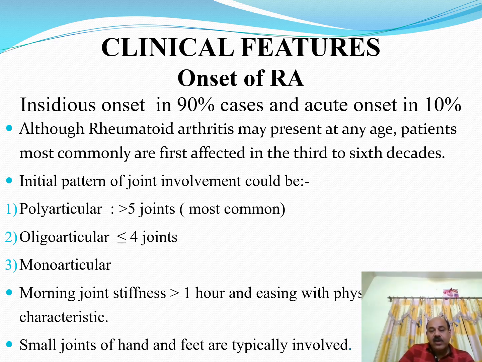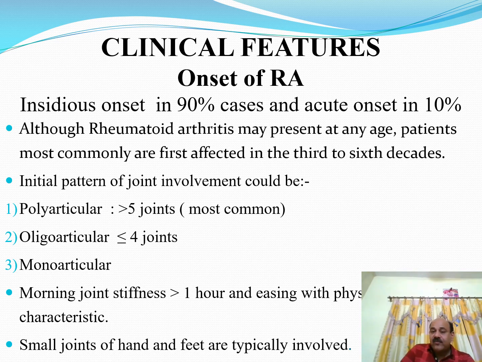In that situation, we have to rule out other conditions which may be responsible for arthritis, like tubercular arthritis, gouty arthritis, or infective arthritis, what we call septic arthritis. Morning stiffness for more than 1 hour, which eases down with physical activity, is a very characteristic feature of rheumatoid arthritis.